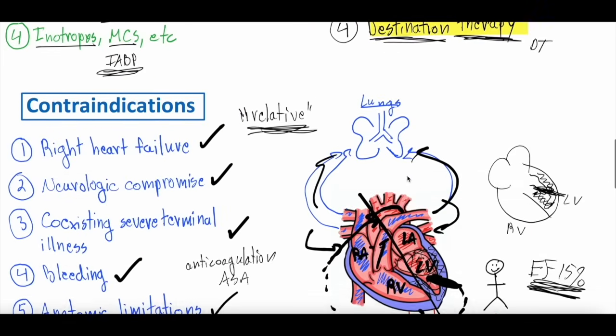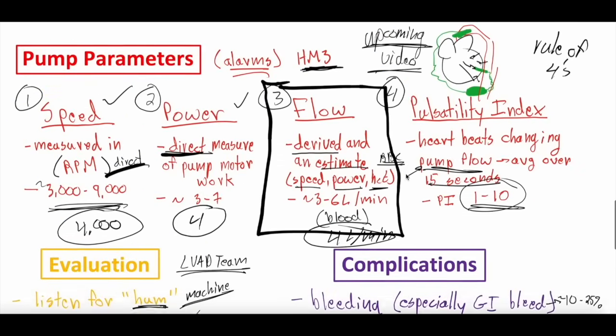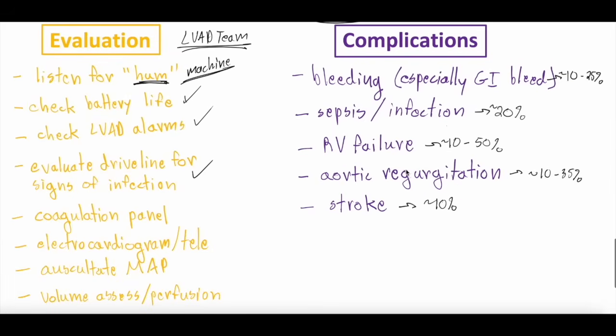So that's the outside world communicating with the inside world, because that drive line comes out of their body, goes to the controller unit, and from the controller unit, the drive line from outside the body goes back in the body, in the abdomen, to the actual LVAD itself. So you always want to look at that site, make sure there's no redness, no swelling, no drainage, no pain, because drive lines do get infected, which we'll talk about in a second.